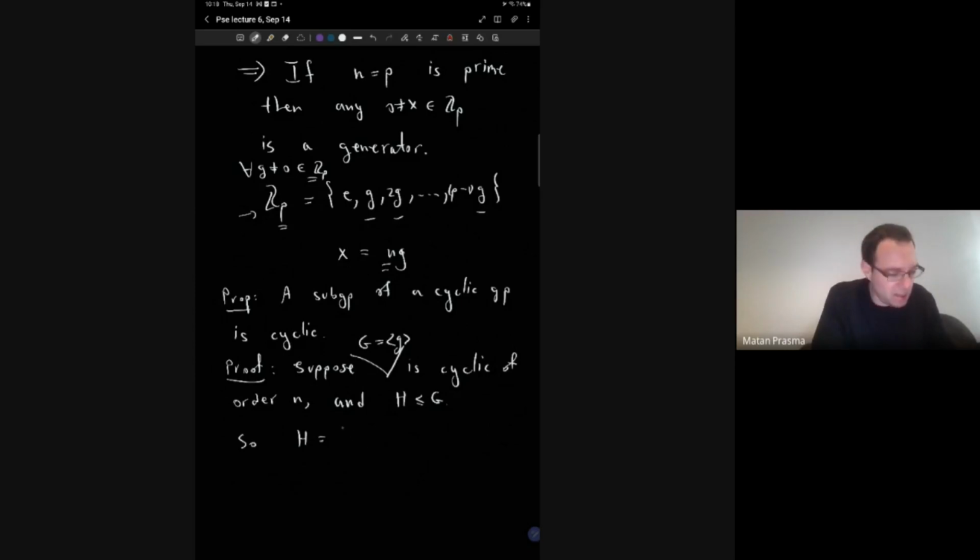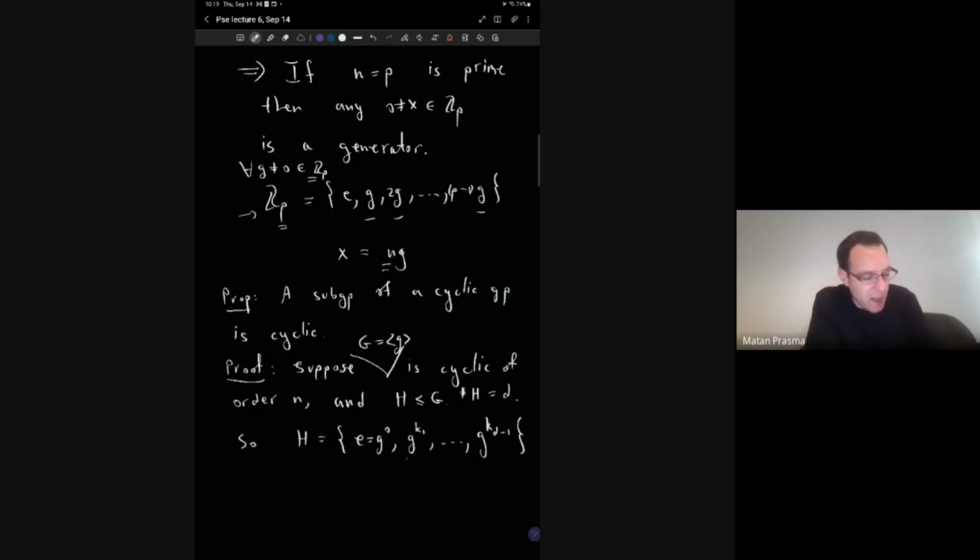So H is actually the unit element, which we can think of as g to the 0, and then you have g to the k1 up to g to the k d minus 1. So let's say the order of H is d.